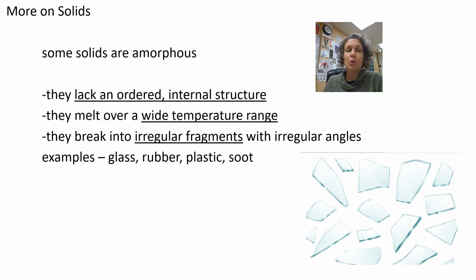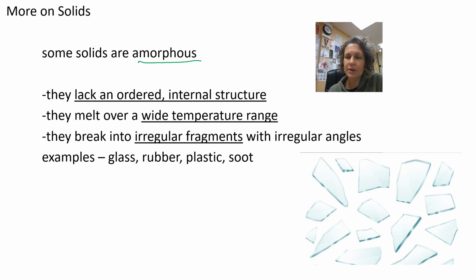Some are amorphous. Amorphous is basically the opposite of crystalline, so they lack this ordered internal structure. They tend to start melting and then melt over a wide range of temperatures, so their phase diagram looks kind of weird. And when you break them, they break into irregular fragments with irregular angles. My picture there is just some glass that is shattered.